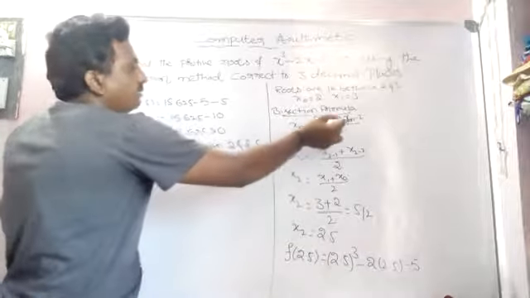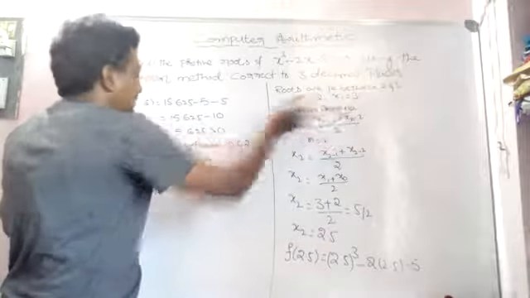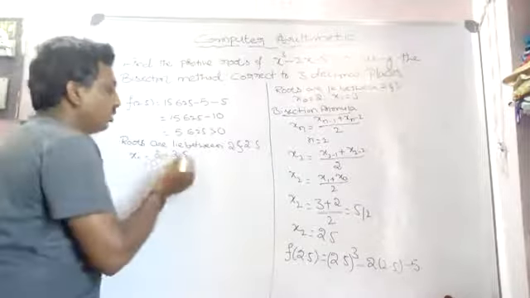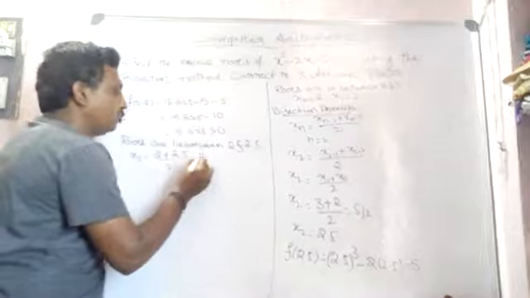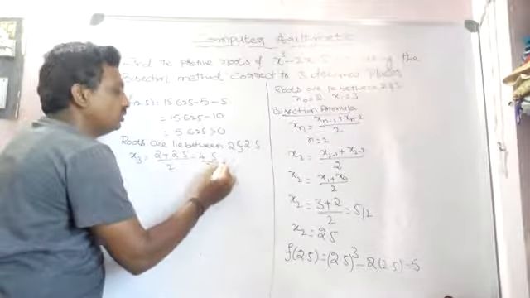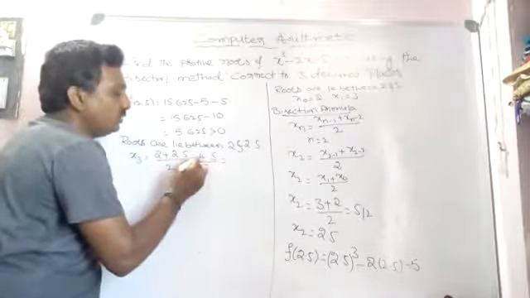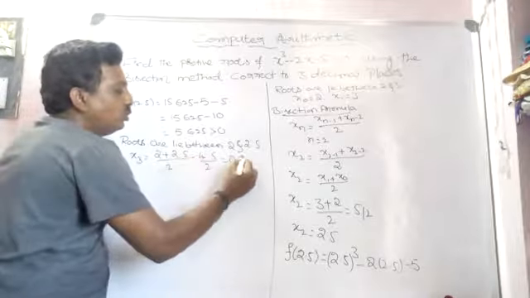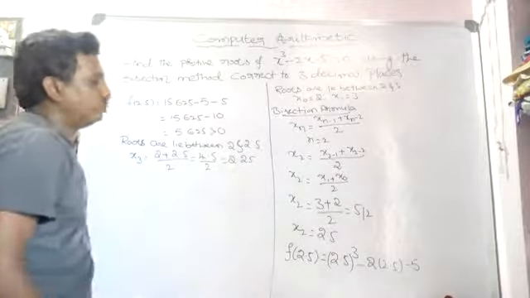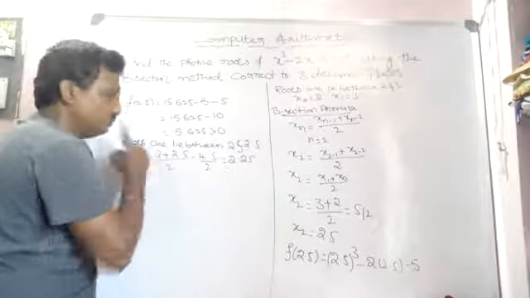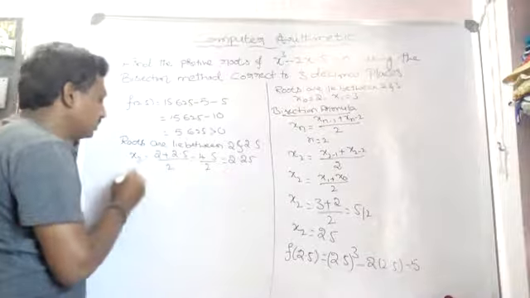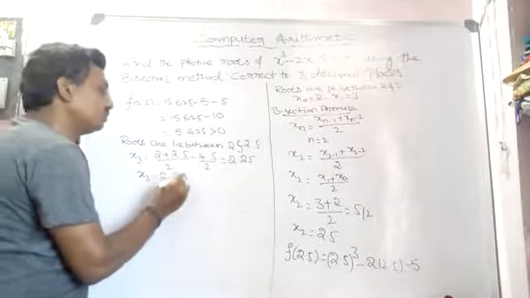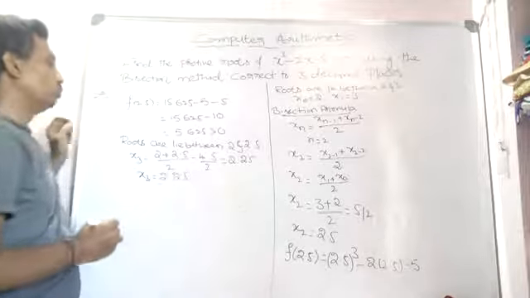Then x3 minus 2, x1, is 2. So this is 4.5 by 2, that equals 2.25. So x3 equals 2.25.